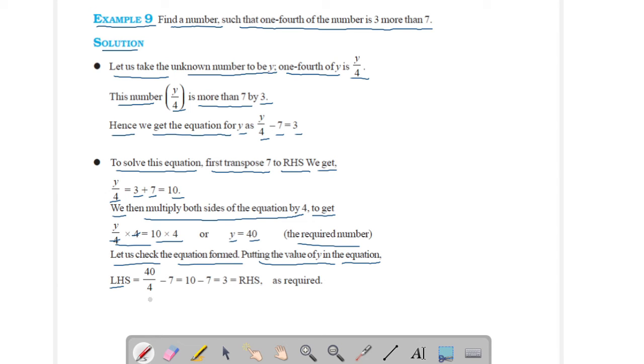You will get 40 upon 4 minus 7. Now solve it. You can cancel 40 by 4: 4 ones are 4, 4 tens are 40. You will get 10 minus 7. And 10 minus 7 is 3. This is the right hand side as required.